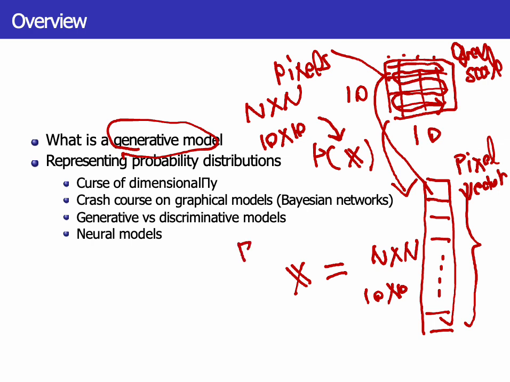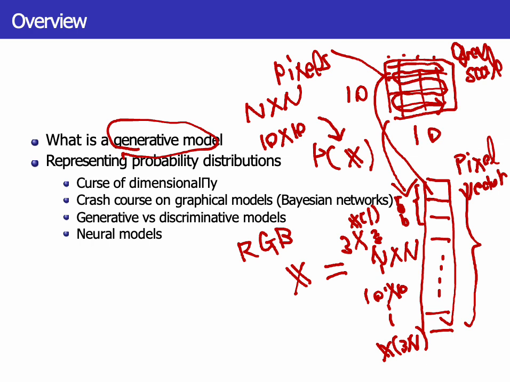For RGB vectors, you have to multiply by the three RGB values, so you have x1, x2, x3, and you have 3n values.